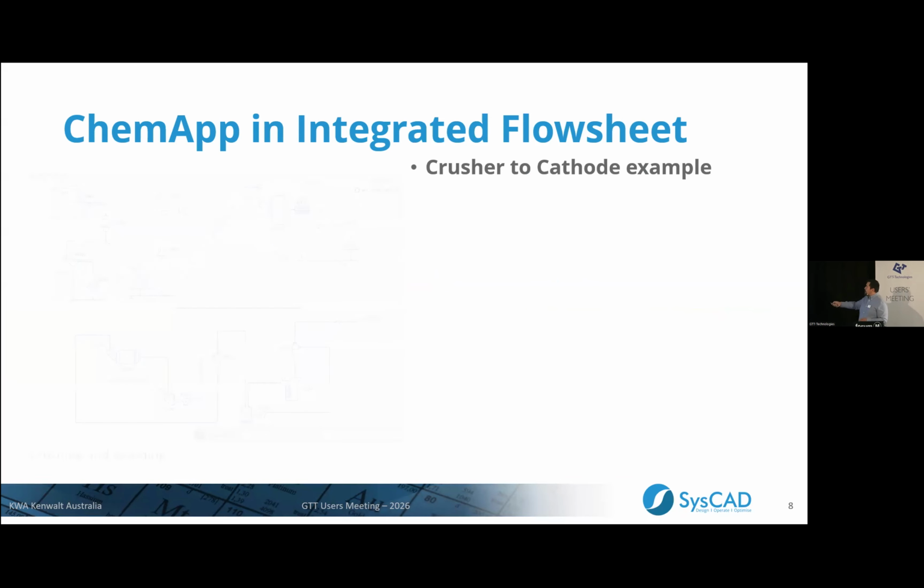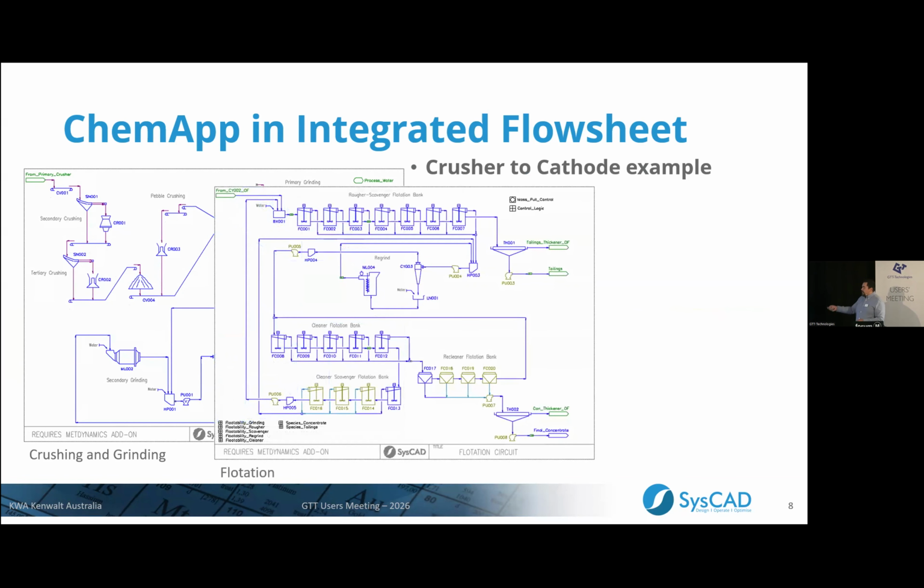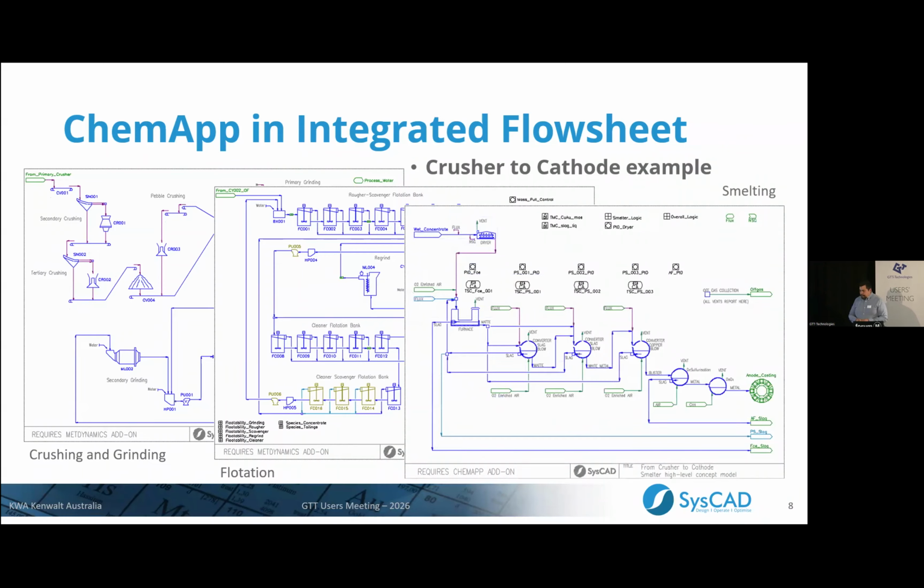So this is an example of a full plant for integrated primary copper production, including crushing and grinding of a copper ore, flotation circuit, all of these including particle size, full particle size distribution for different purposes on the grinding and crushing, in terms of predicting the breakage of rocks into smaller particles, and then adding kinetic information for the flotation circuit, and then continuing with a smelter plant.